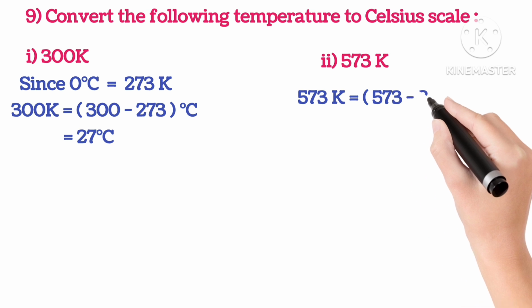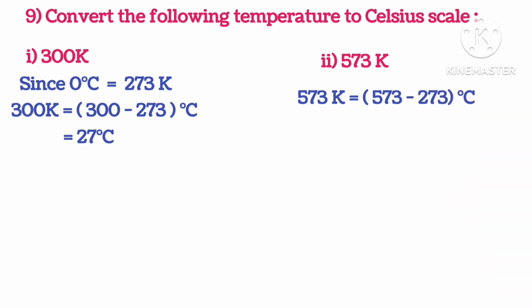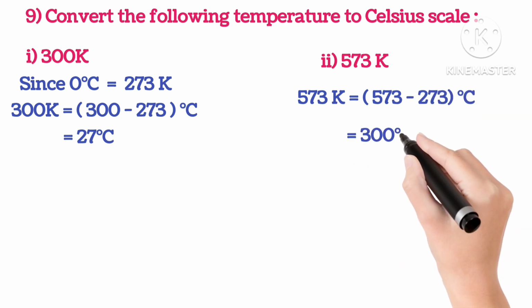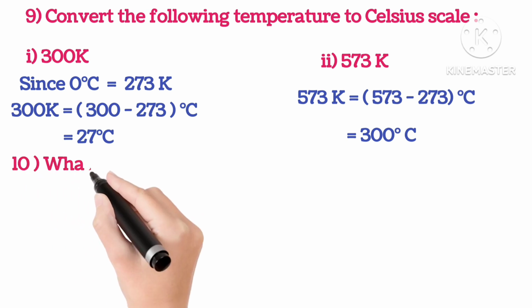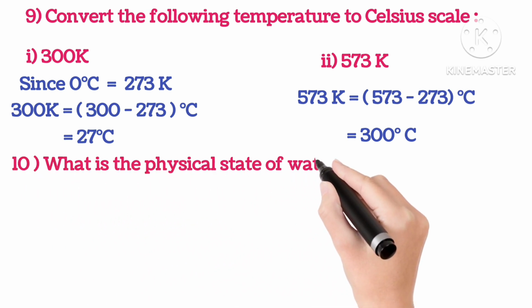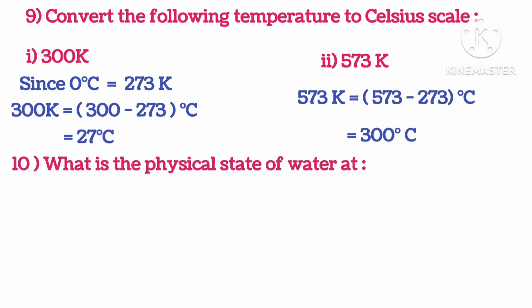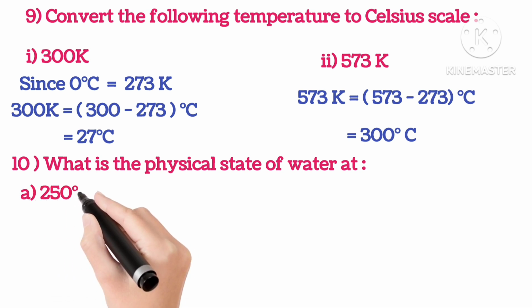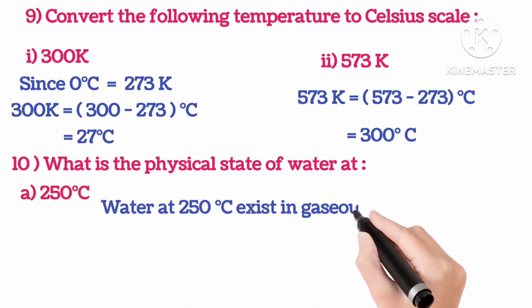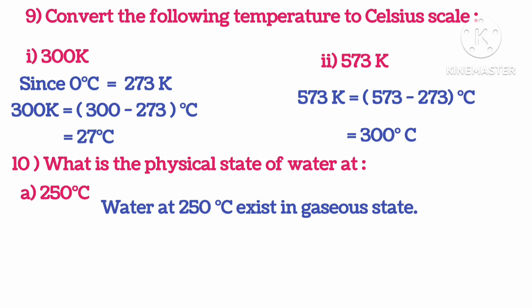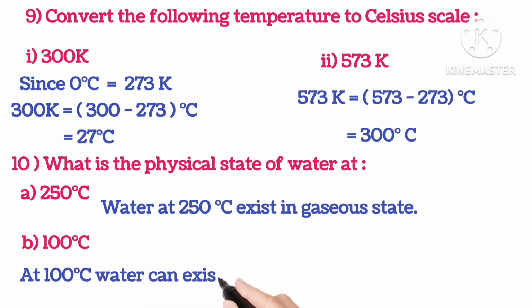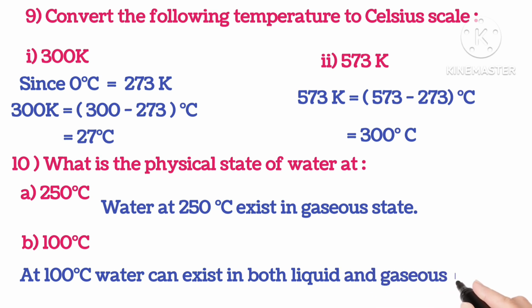So 573 minus 273 will be 300 degrees Celsius. What is the physical state of water at 250 degrees Celsius? Water at 250 degrees Celsius exists in gaseous state. At 100 degrees Celsius, water can exist in both liquid and gaseous form.